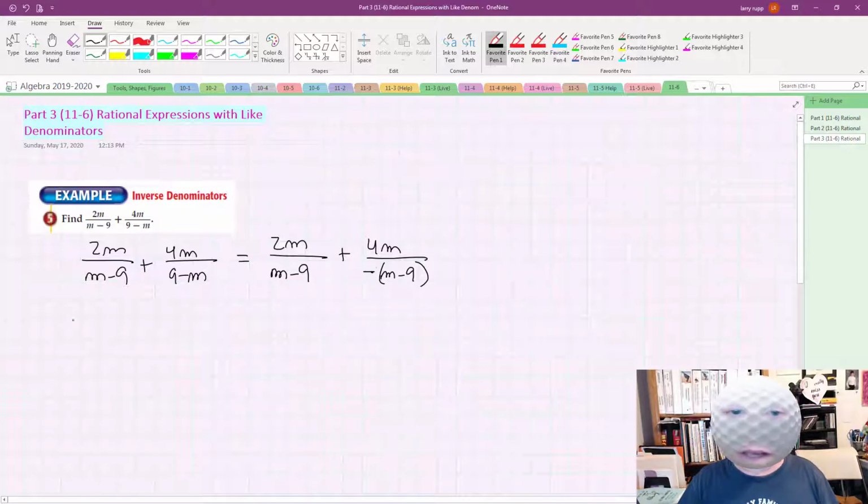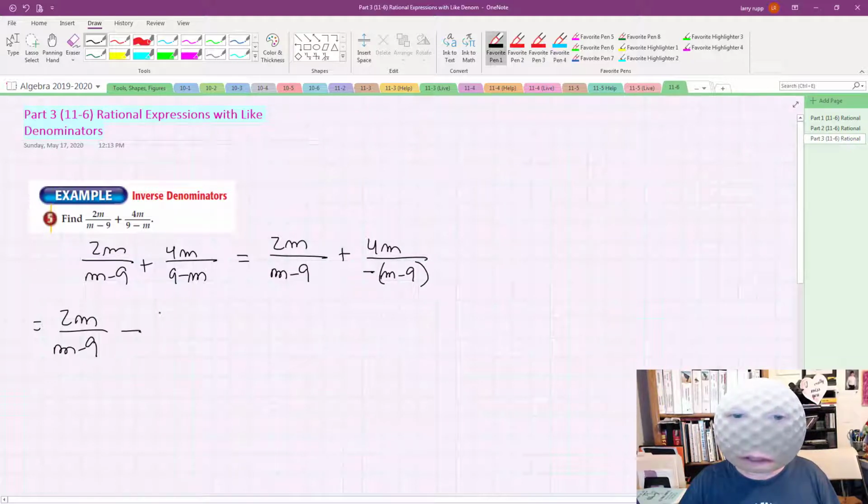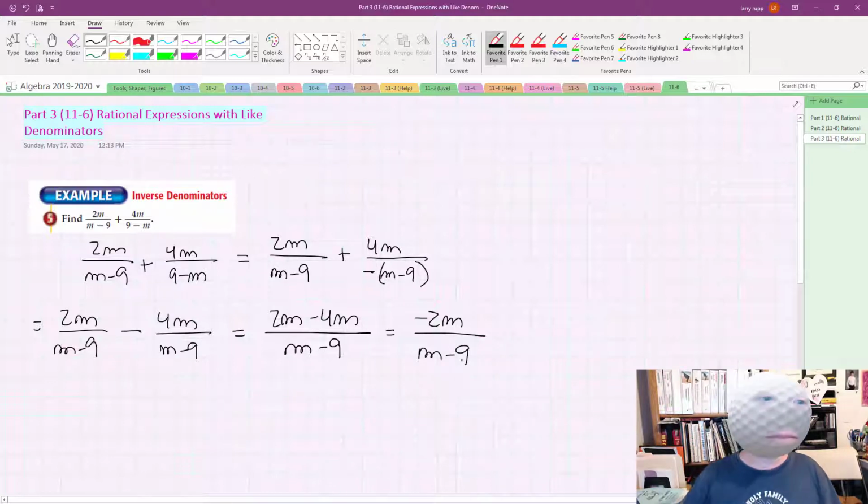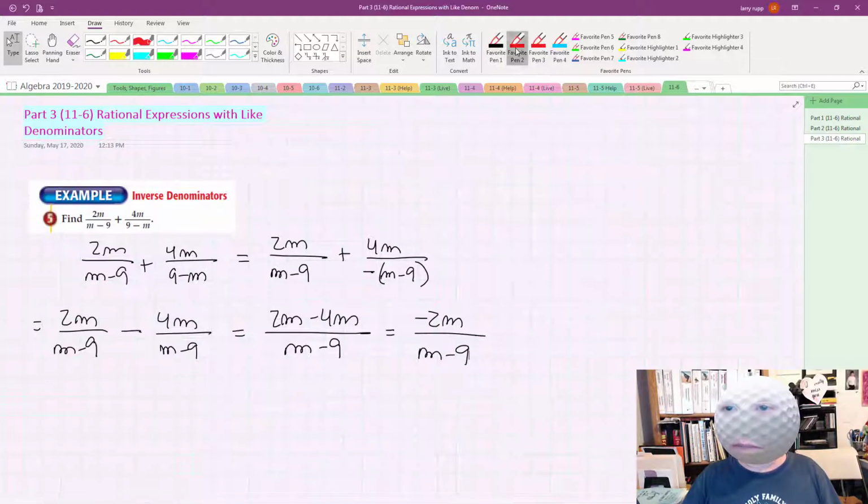So we rewrite this now as 2m over m minus 9, and now this negative sign comes up to here and it becomes minus 4m over m minus 9. All right, now we have common denominators, and we write the numerators all over that. 2m minus 4m over m minus 9. So we have negative 2m over m minus 9. Okay, and that's the answer.